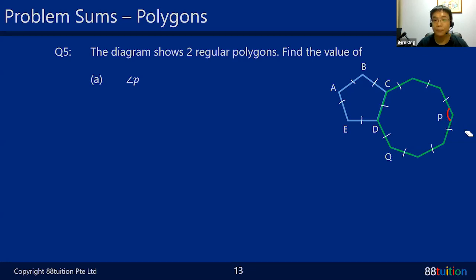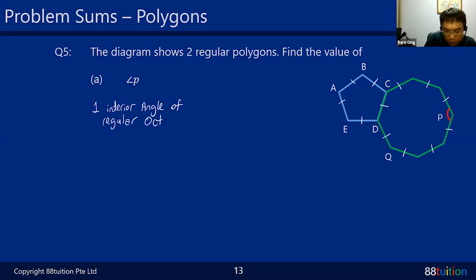So they are looking for one interior angle of a regular octagon. Show off to your teacher that you know it is called an octagon. How? You can find all the interior angles added up together first. Remember, n minus 2 times 180 degrees.